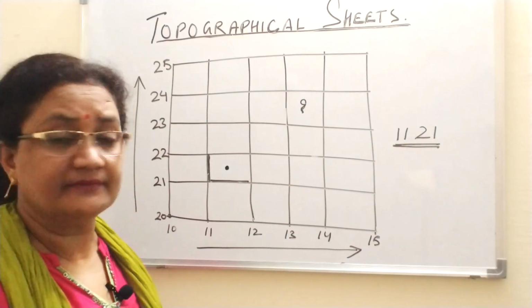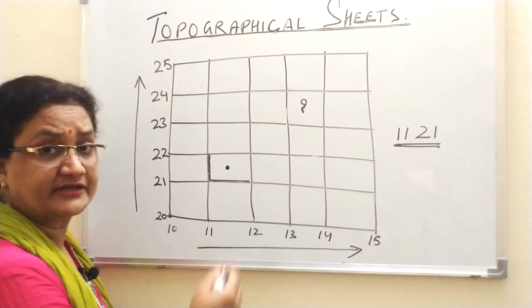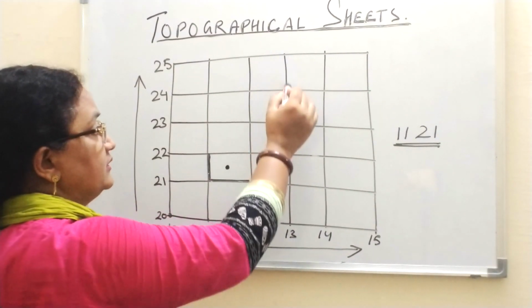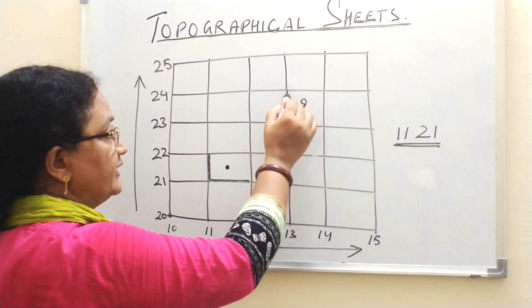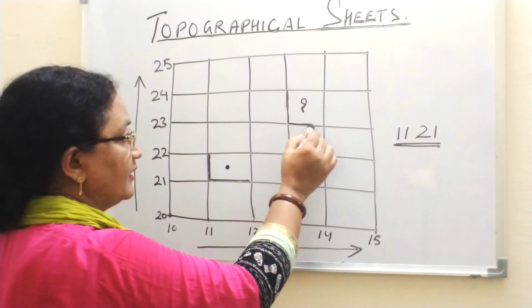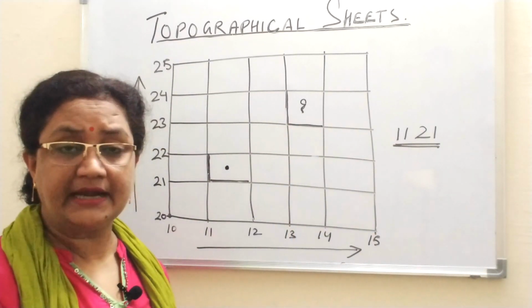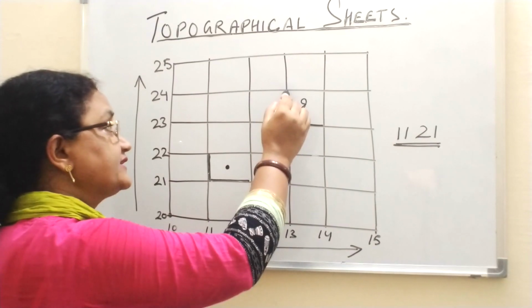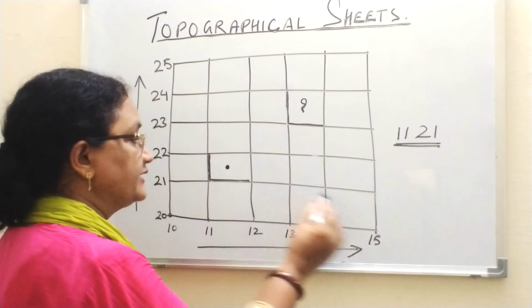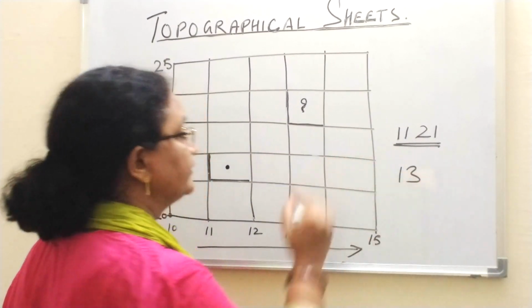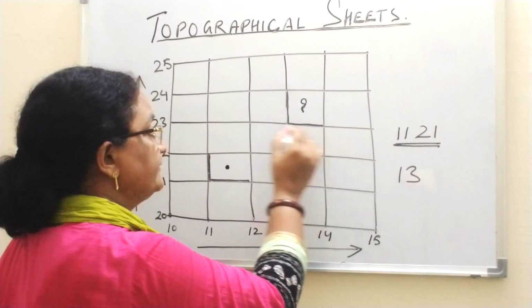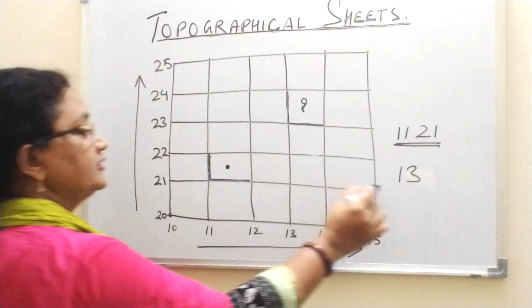So what are you going to say? Again, let's practice it once. The first thing you have to keep in mind is you have to take the L again. And in the L, which easting is coming? That is number 13. And which northing is coming? You can see here, this is 23.